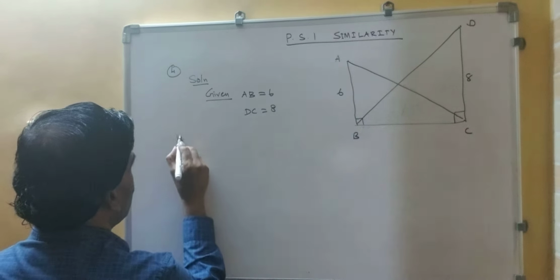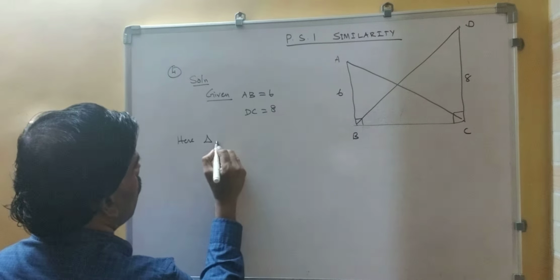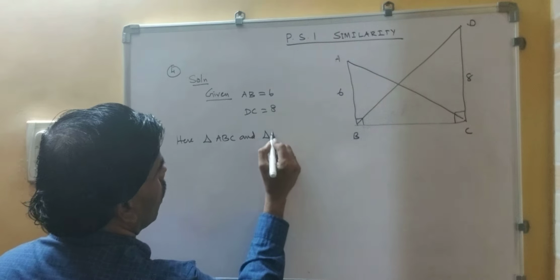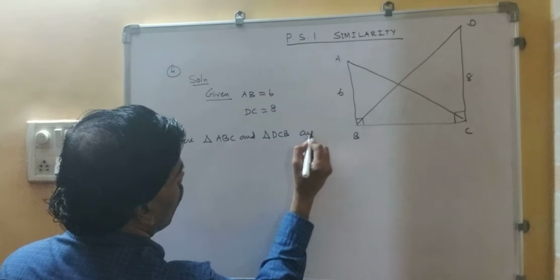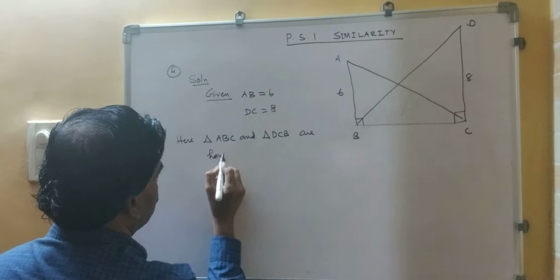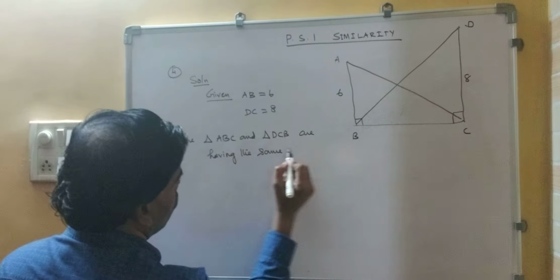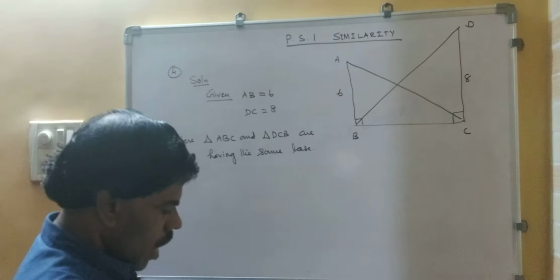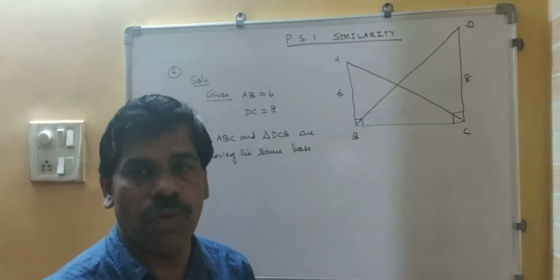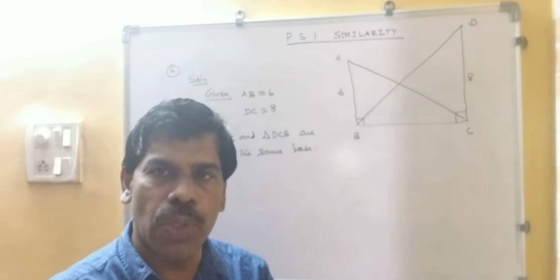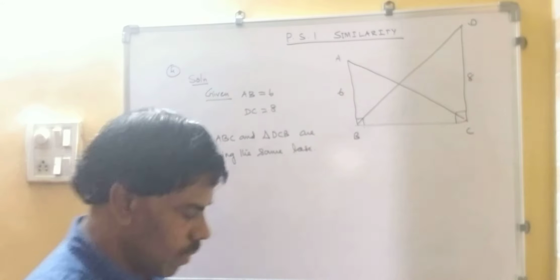See here, triangle ABC and triangle DCB have the same base. If they have the same base, what will happen to their areas? Their areas will be proportional to their corresponding heights.